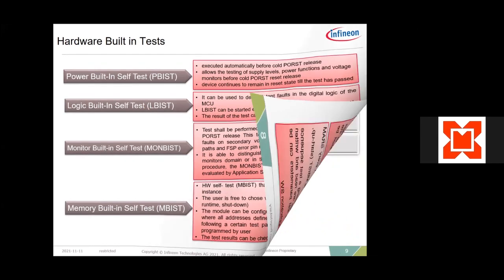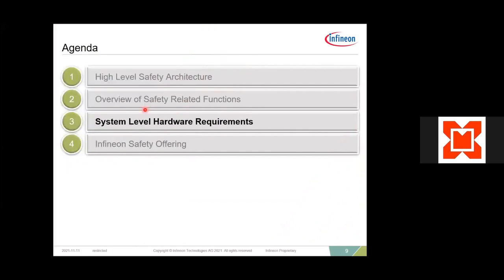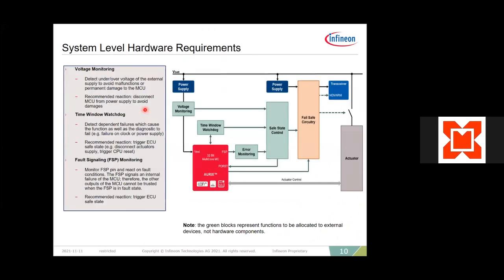Coming to system level hardware requirements, as I said, we have made some assumptions while developing the Aurix. Some of the assumptions include that the safety integrator needs to develop voltage monitoring external to the Aurix, as well as a time window watchdog and fault signaling monitoring.